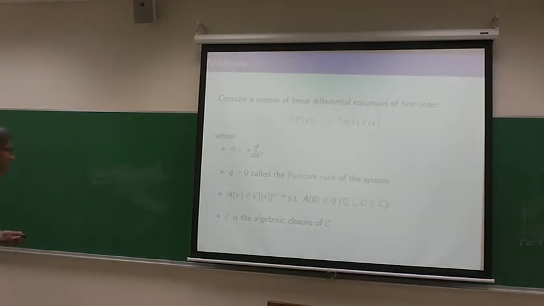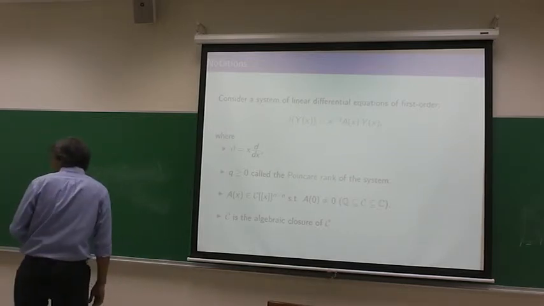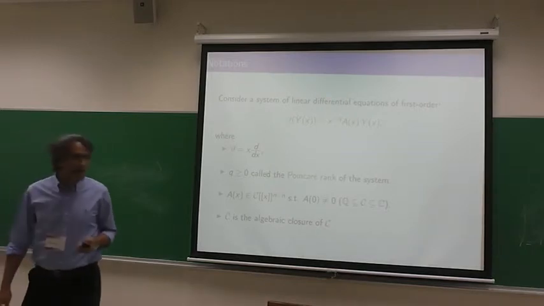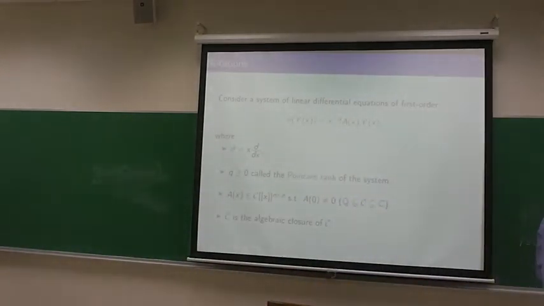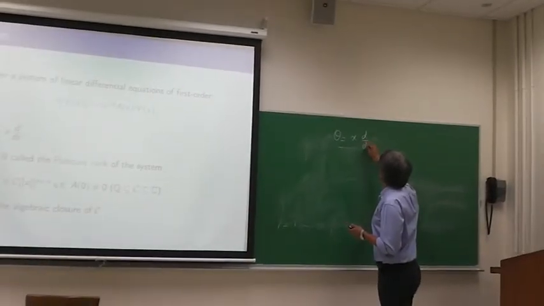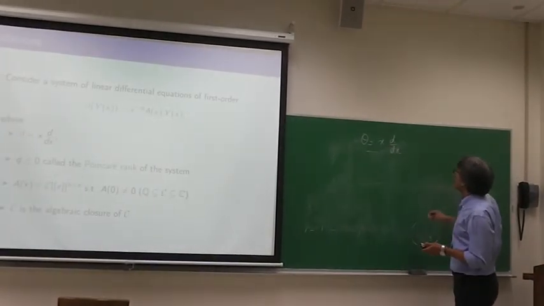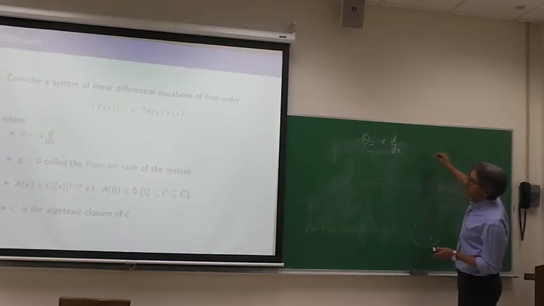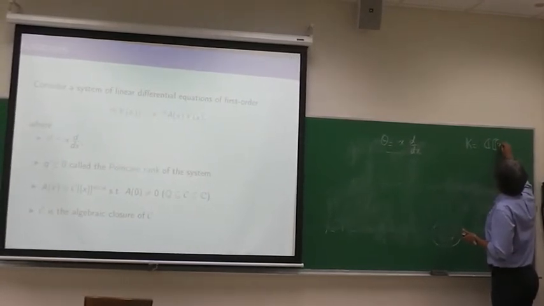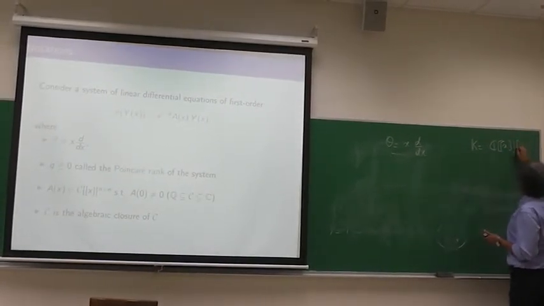Okay, so let me first explain what k-simple forms are and how to compute them. I'm considering systems of this form, where theta is the derivation, and I suppose that I have a differential system with the singularity at x equal to 0.